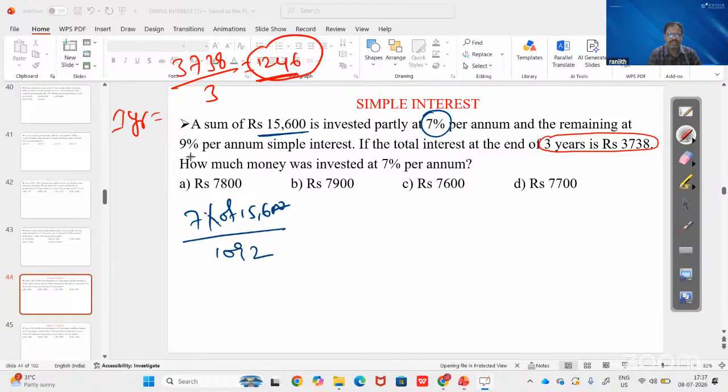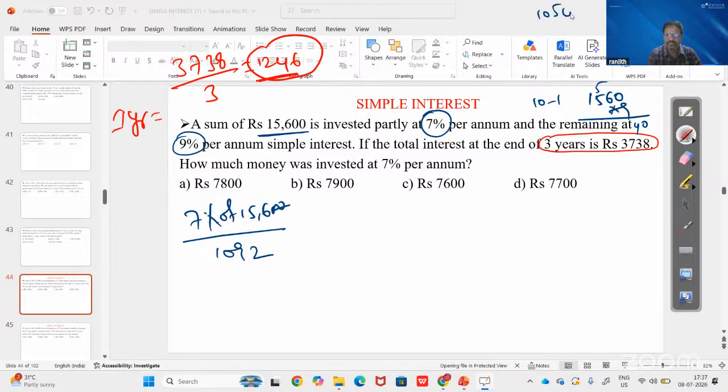And the next will be equal to 9 percentage. 9 percentage will be equal to, so 10 minus 1, or else 1560 into 9. You can go with anything. So 9 zeros are 0, 9 sixes are 54, 15 nines are 105.